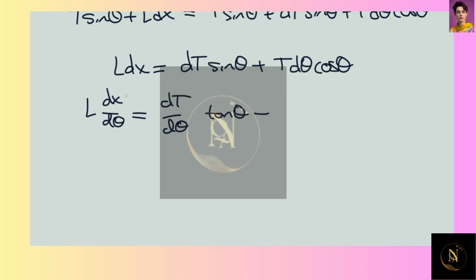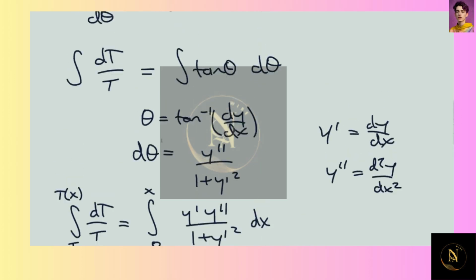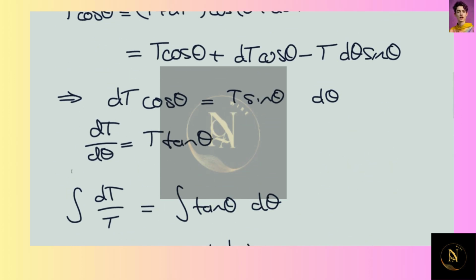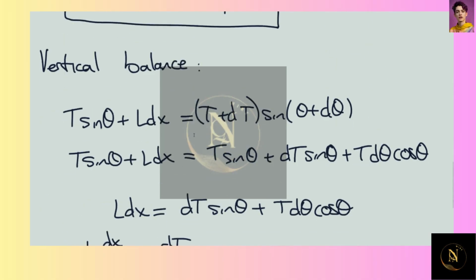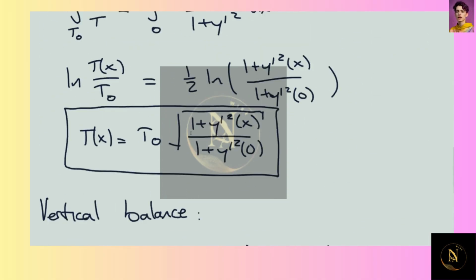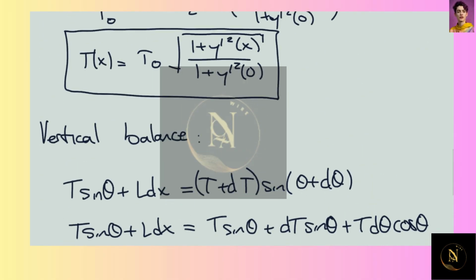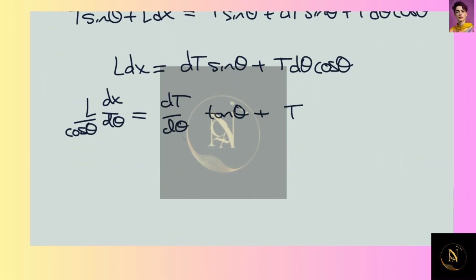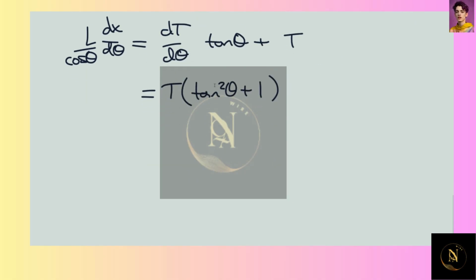Actually, that means that we need to divide by cos theta here, giving tan theta plus T. So now let's look back up here to find dT by d theta equals T tan theta. So let's replace this with T tan theta. But remember that tan squared theta plus 1 is 1 over cos squared theta.